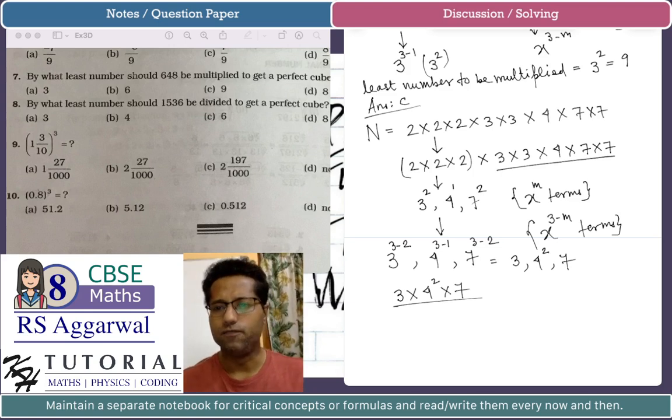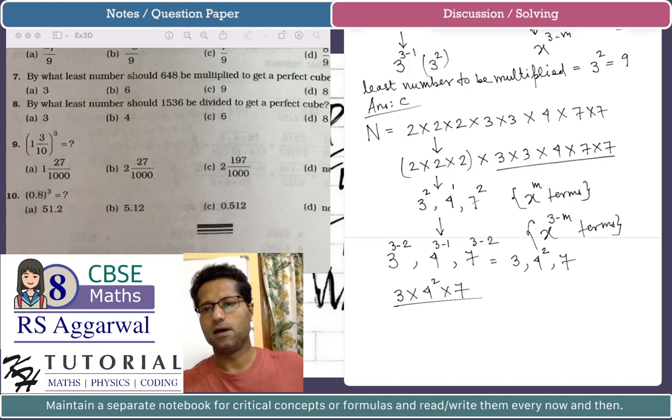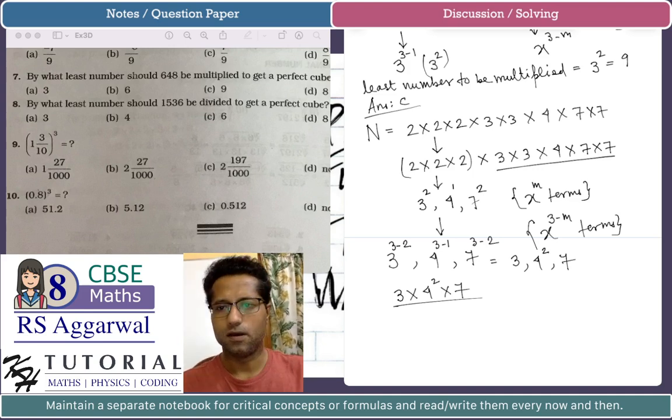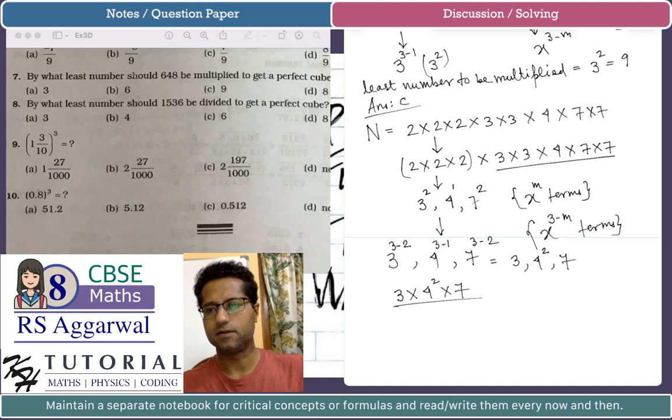Now, if you are not very comfortable with this x to the power m and x to the power 3 minus m approach, you can also do it from common sense: from all the factors which are not part of any triplets, you have to consider multiplying with factors that will form a triplet. So we have two 3's.